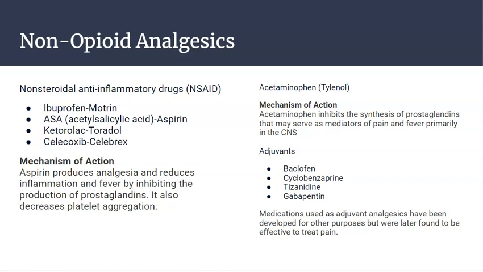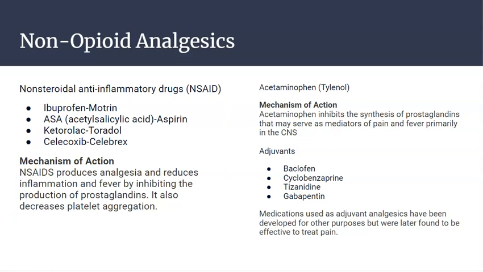Typically, those medications produce analgesia and reduce inflammation and are antipyretic, or reduce fevers, by inhibiting the production of prostaglandins. But they also can decrease platelet aggregation, and what that means is that it can have blood thinning properties.